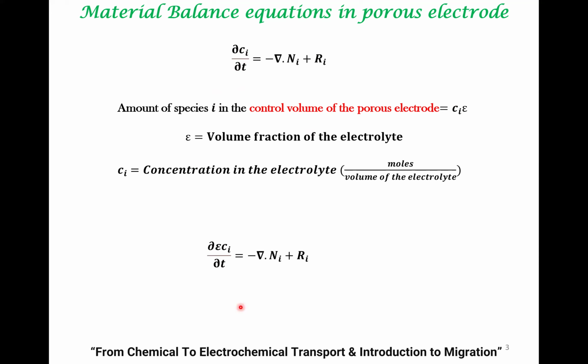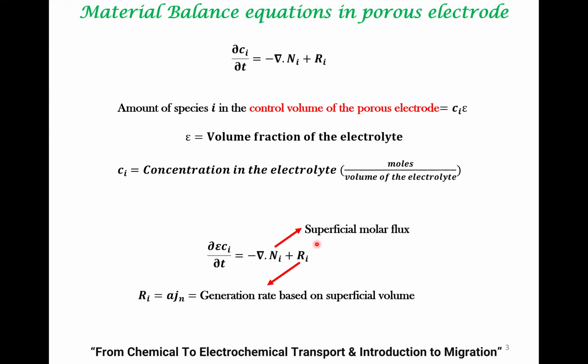And it changes because of two terms. One is the superficial molar flux. Whenever we say molar flux, we are normalizing with respect to some area element. Note in this case, the area element we are considering is the superficial area, which we clarified using a schematic in the previous lecture.